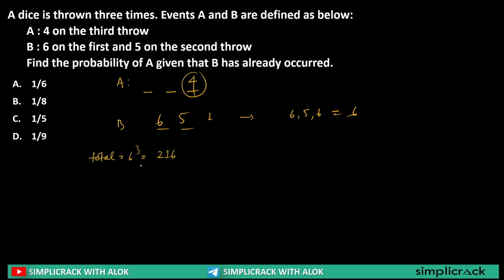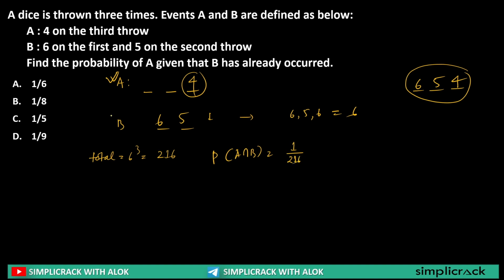Out of this 216, how many times A and B both will happen? That means 6 will come first, 5 will come next, and 4 will come third. So A and B will happen 1 time. So P(A intersection B) can be written as 1 by 216.